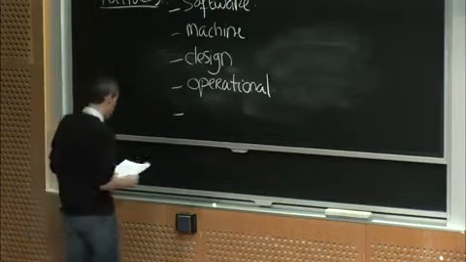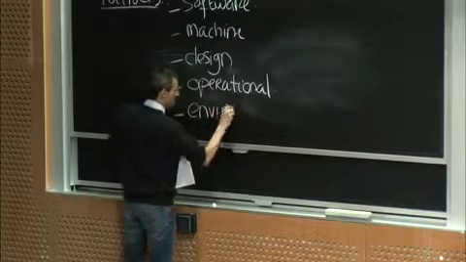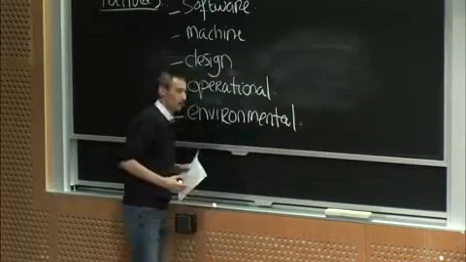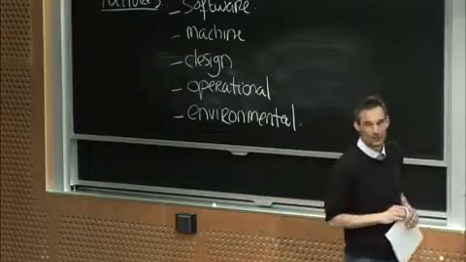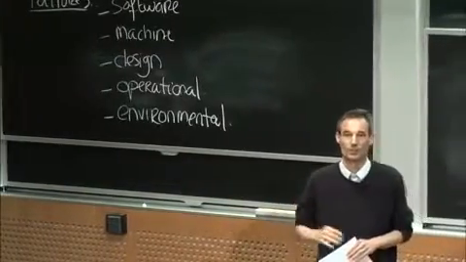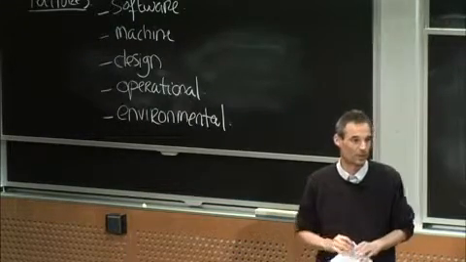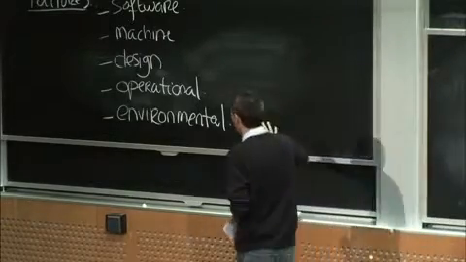And then the last class are environmental errors. And here I'm thinking about earthquakes, tsunamis that maybe knock out whole data centers or parts of a country. And if you want to build a system that survives even those, you really have to think carefully about how to do this. Right?